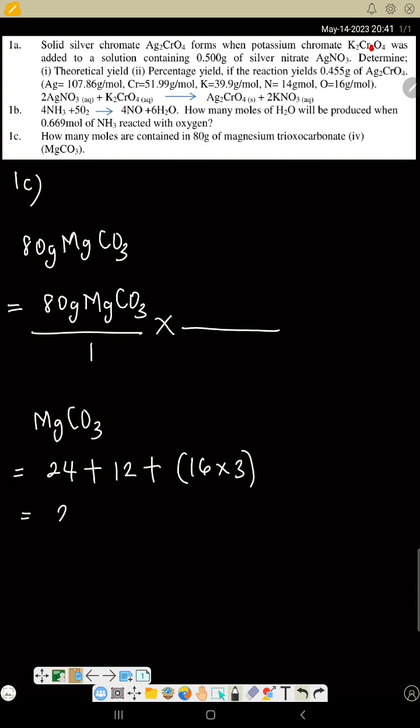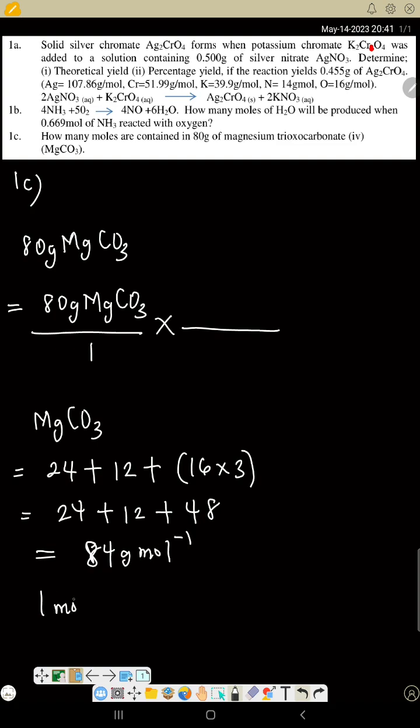So this will be 24 plus 12 plus 48, because 16 times 3 is 48. So 24 plus 12 plus 48 is 84. That means 84 gram per mole.